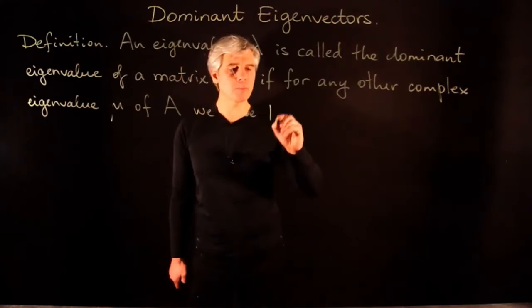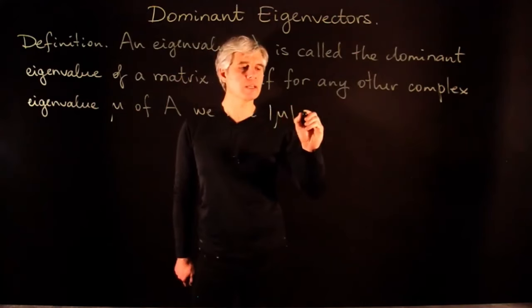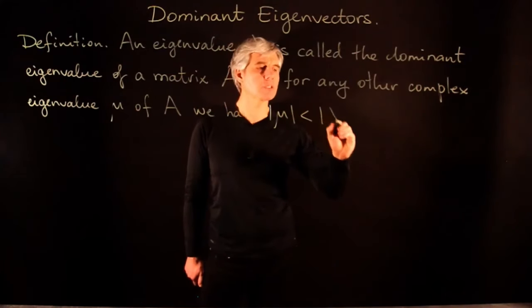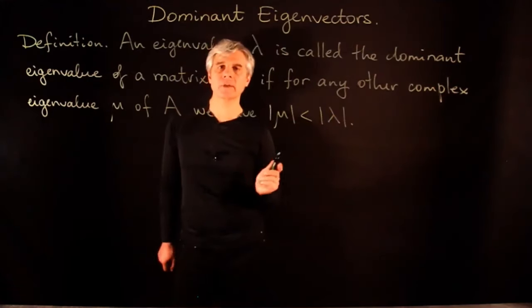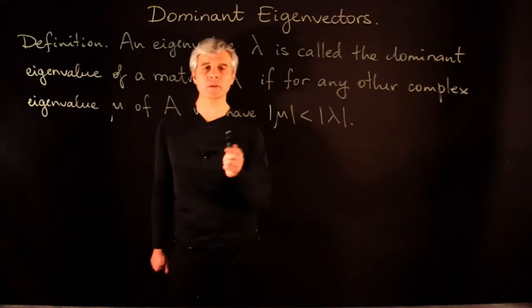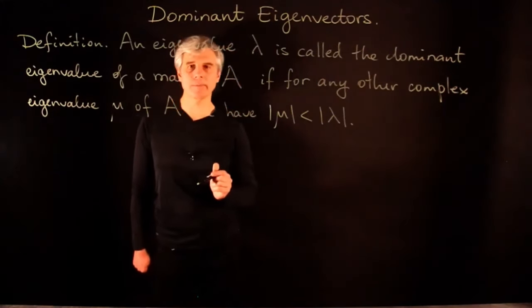The complex norm of mu is strictly less than the complex norm of lambda. And the dominant eigenvector is an eigenvector that corresponds to the dominant eigenvalue.